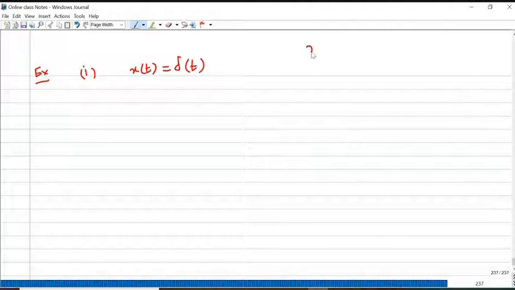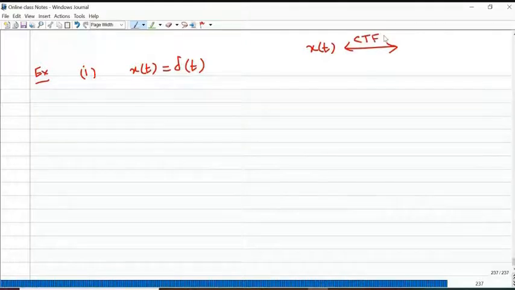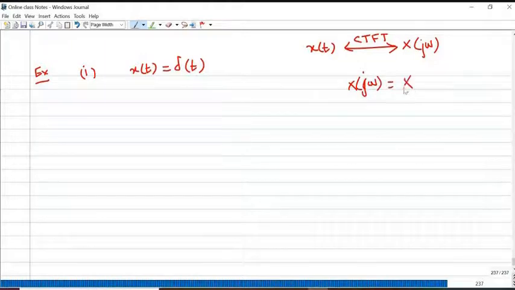Okay, x of t in time domain. If we find the CTFT of this signal, which is represented by capital X of j omega, the result comes in the form of X real of j omega plus j X imaginary of j omega.